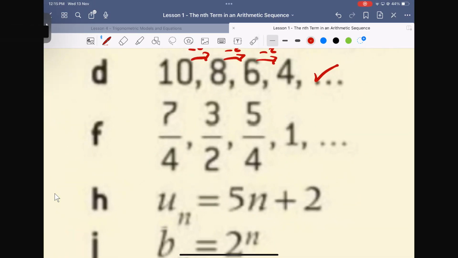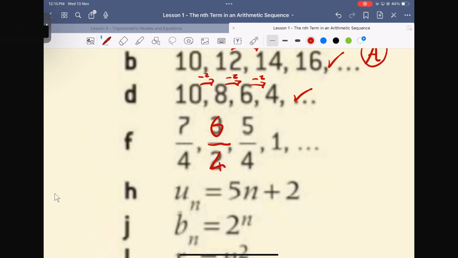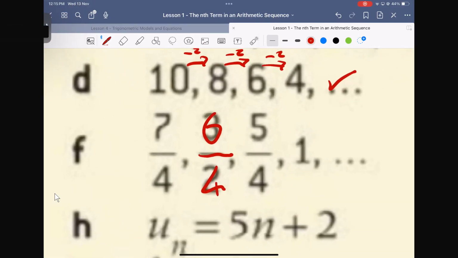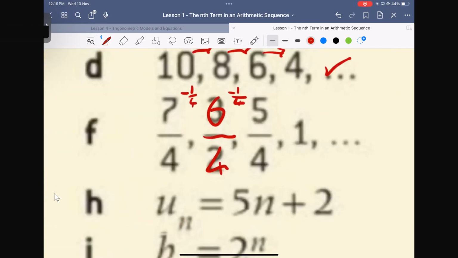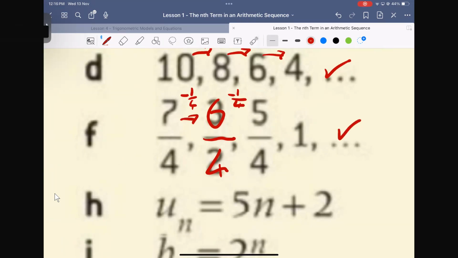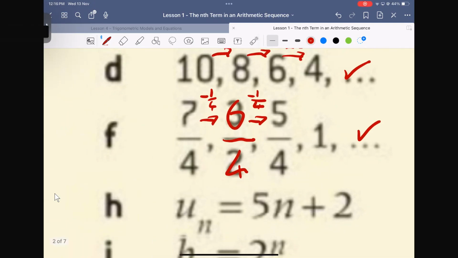What we need to do is change this one to 6/4, then we can see it a little bit easier. And Amelia's right, we're taking away a quarter. So -1/4. This one is arithmetic because we are adding -1/4. That one was a little trickier.